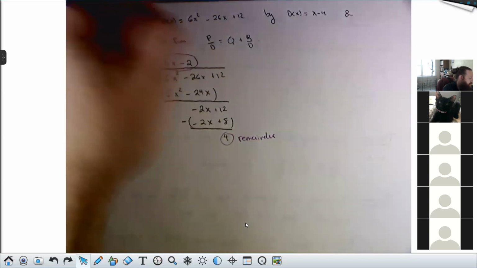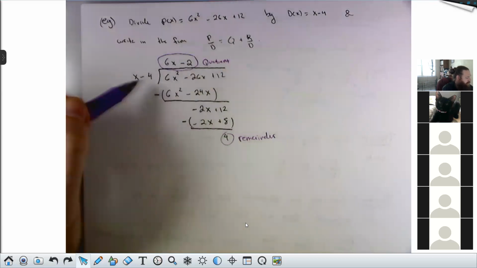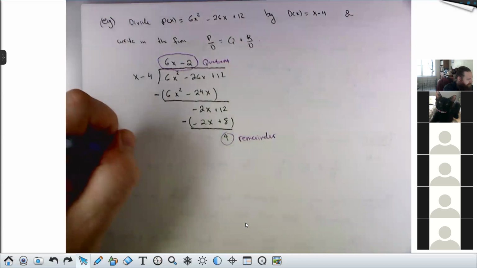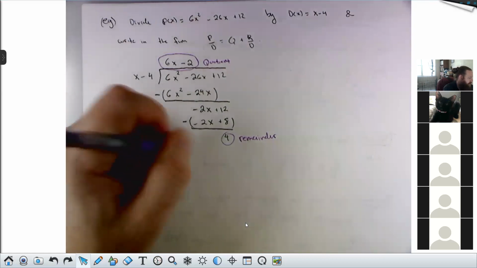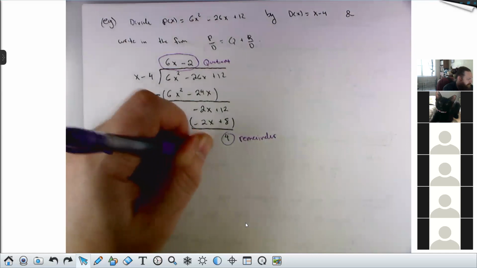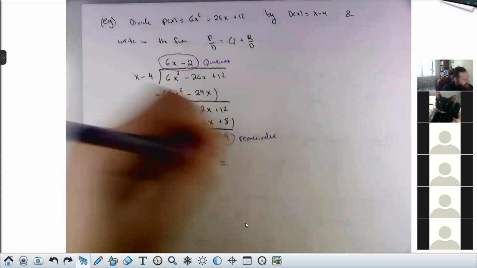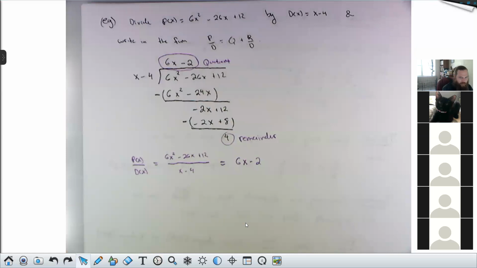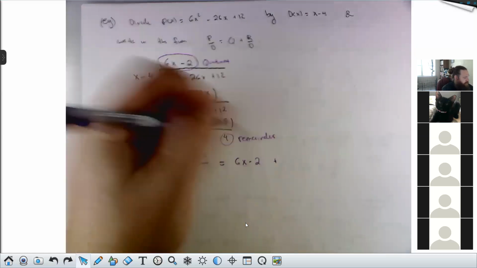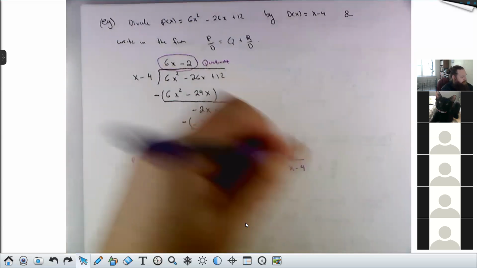This is your quotient. And of course, these are p and d. So the result is that p of x over d of x, which is 6x squared minus 26x plus 12 over x minus 4, can be written as 6x minus 2. That's the nice quotient, plus your remainder, which is 4, over your divisor, which is x minus 4.